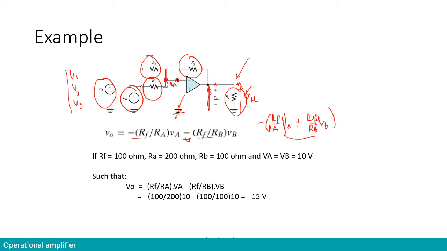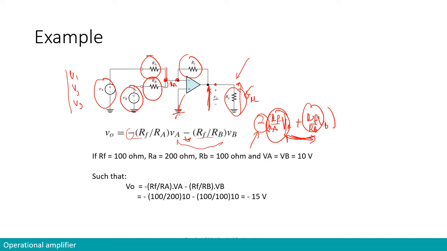So it is still a summing operational amplifier, and the minus just explains that we put the input in the inverting terminal. So it's minus the addition of both VA and VB with a certain gain, RF over RA and RF over RB.